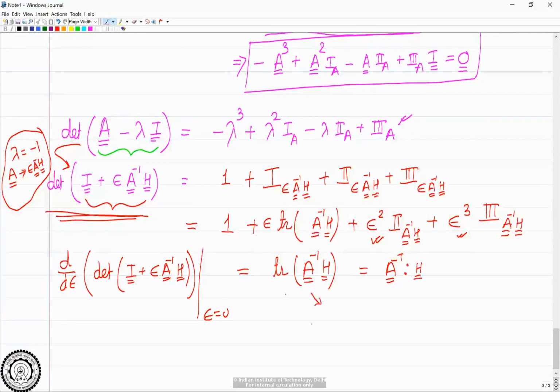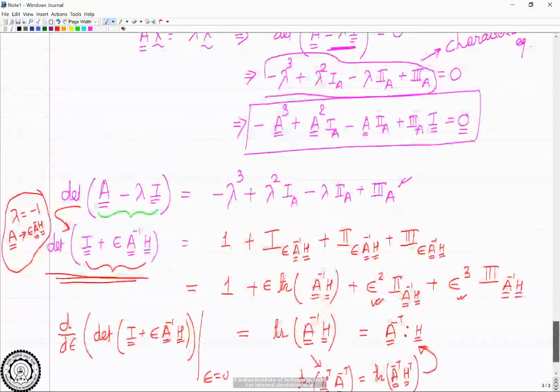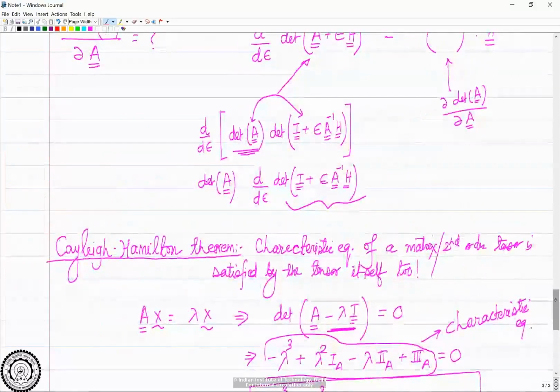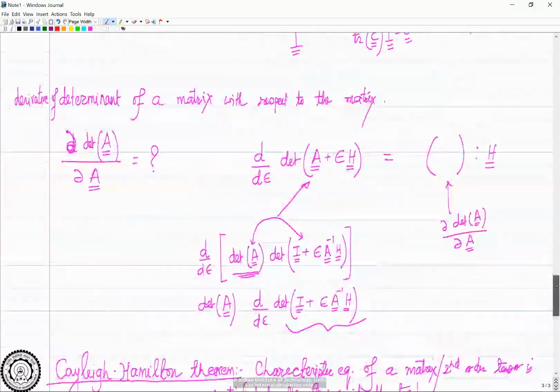See, this is trace, so it is same as its transpose, so it is trace of H transpose into A inverse transpose, which is same as trace of A inverse transpose into H transpose, and which is finally this number. Okay, so what we have proved, using this nice trick, we are able to find, by the way, we have to set it at epsilon equal to 0.